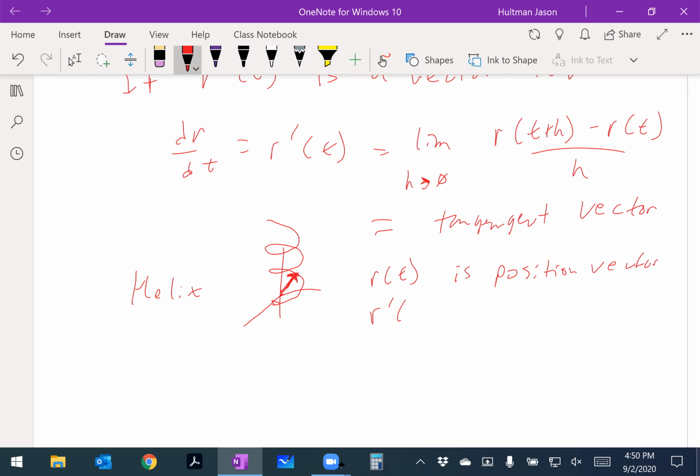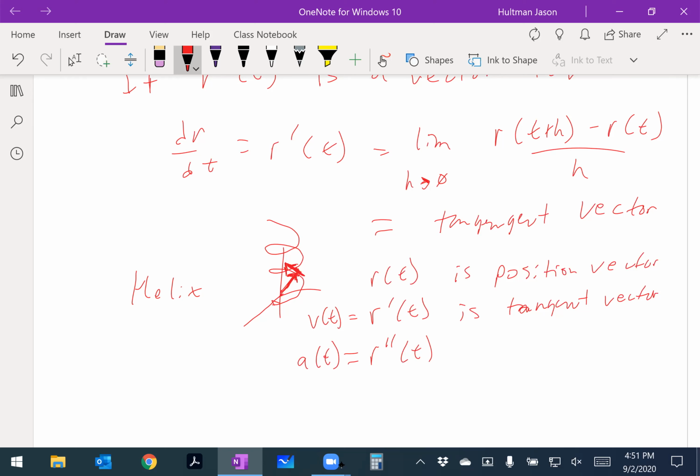But r prime of t is called the tangent vector. And so it's tangential to this. Think of r prime of t as your velocity, v of t. Where's your velocity headed? It's v of t. R double prime, which we'll get to later, think of it as a of t, that's your acceleration.